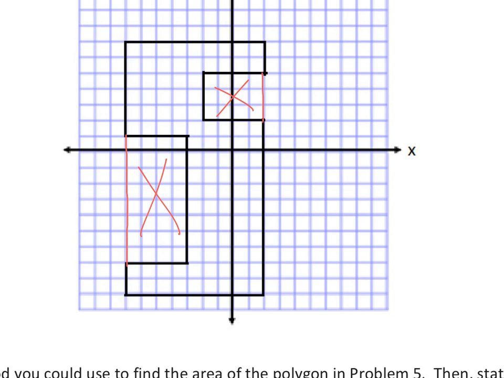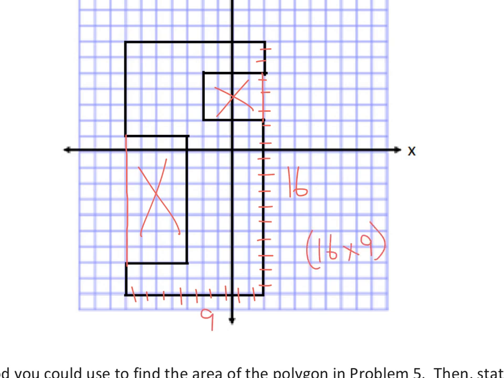Okay, so we just are going to count 1, 2, 3, 4, 5, 6, 7, 8, 9, 10, 11, 12, 13, 14, 15, 16 units on the side, and 1, 2, 3, 4, 5, 6, 7, 8, 9 units. So we're doing 16 times 9.